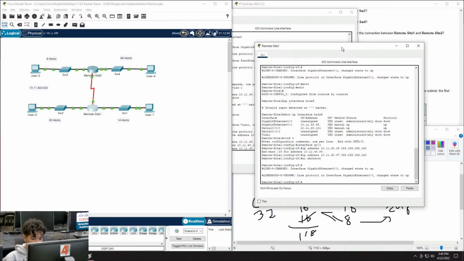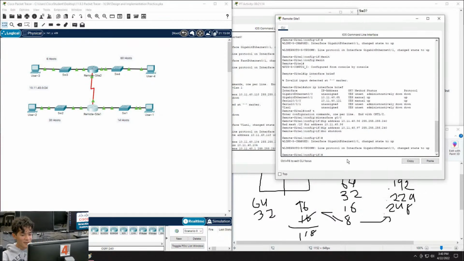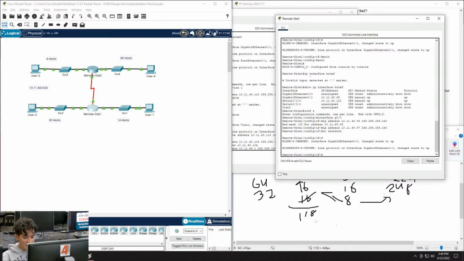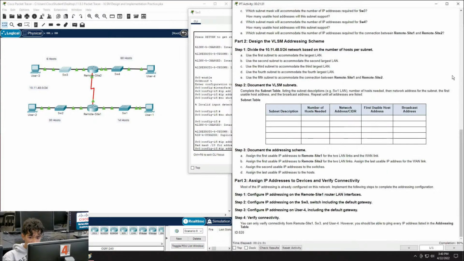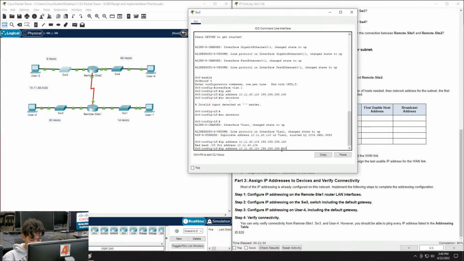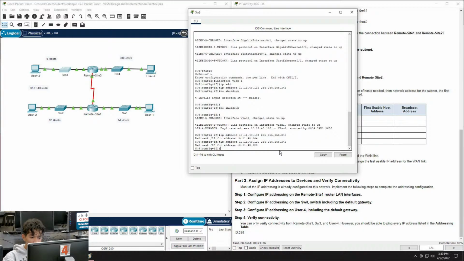Okay, so 97 plus 16 would be 118. So we're setting up the VLAN. First usable would be 119. Second usable, we want to use second usable. So that'd be 120. See if that is right. Okay, it's still not right.